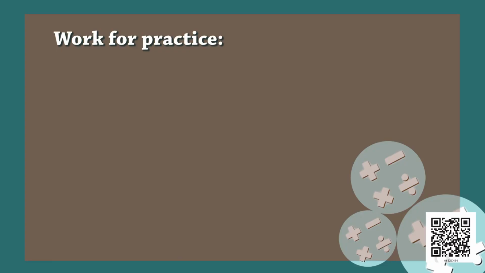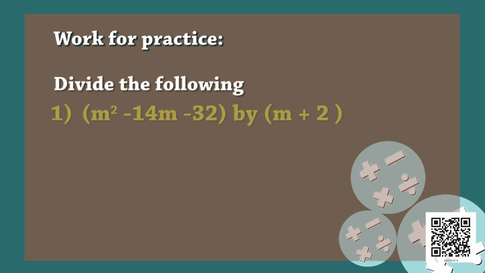In this way, from the given algebraic expressions, by considering their common factors, which are equivalent to the corresponding common factors of the denominator, and cancelling them, we can perform the division of the given two algebraic expressions. For your practice, I am giving some more problems. Work for practice. Divide the following: m square minus 14m minus 32 by m plus 2.